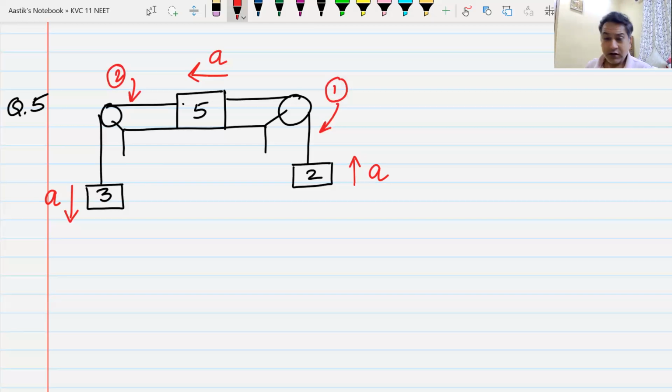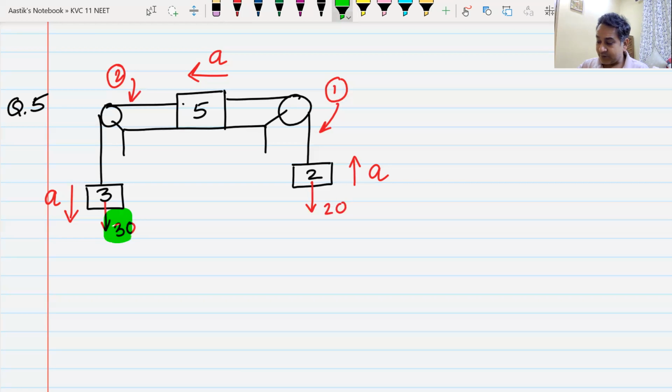Okay. So basically, we all understand that this block is going to move. The 3 kg block is going to move downwards. Everyone understands this? Now, if I just draw the free body diagram, this 30 newtons is trying to pull the block downwards on the left hand side, and this 20 newtons is trying to pull the block on the other side.